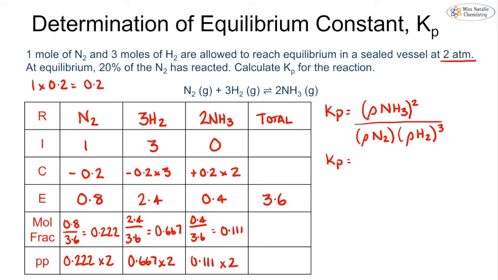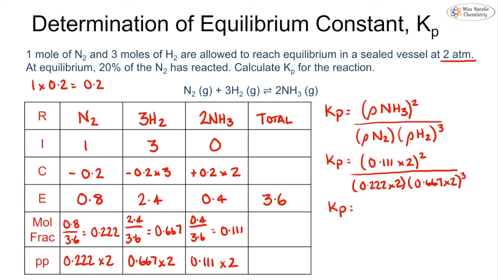So Kp is therefore equal to 0.111 times 2 squared over 0.222 times 2 multiplied by 0.667 times 2, and then we cube that value.